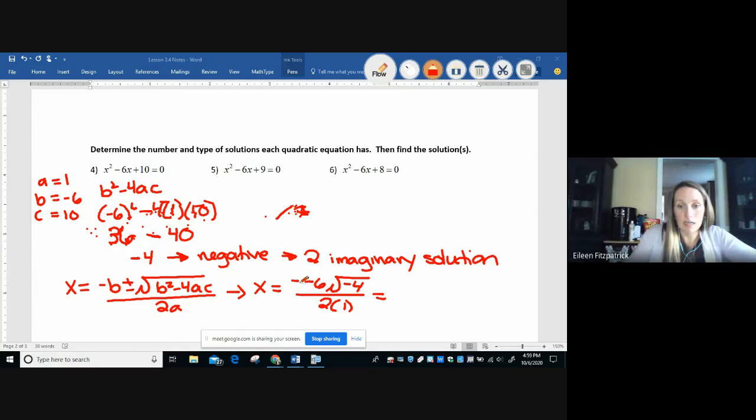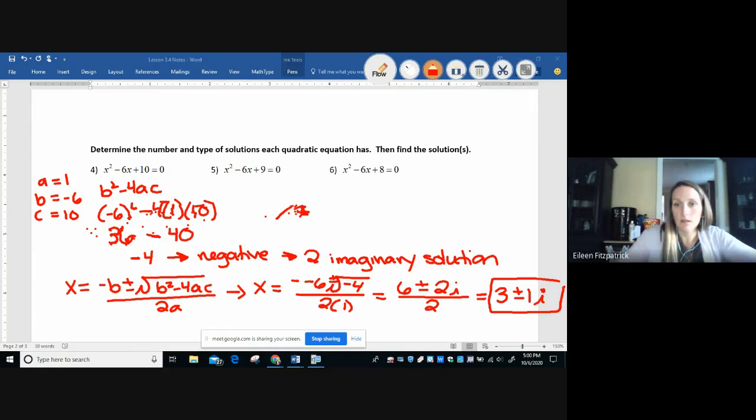I can clean up the double negatives. So that's 6 plus or minus, I forgot the plus minus, sorry, guys. The square root of -4 is a 2i all over 2. Both 6 and 2 are divisible by 2. So I can simplify that by writing 3 plus or minus i. You don't need the 1 there.